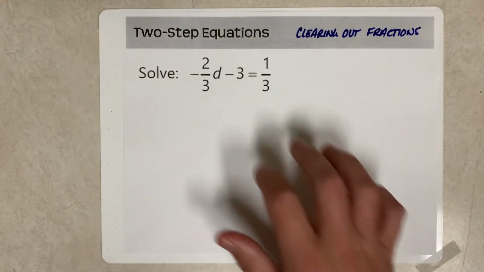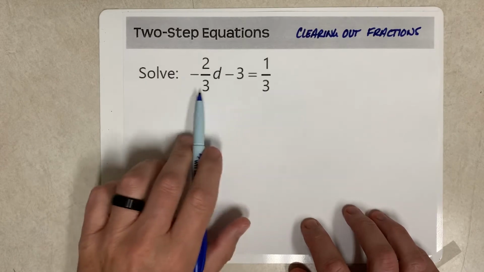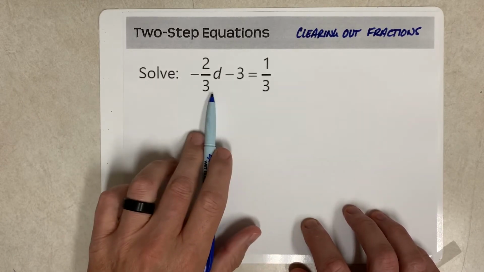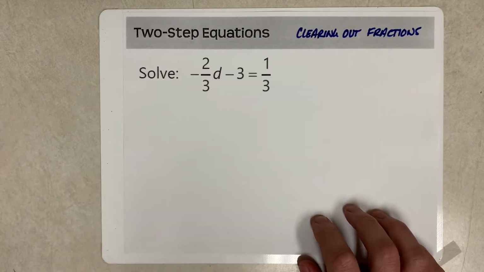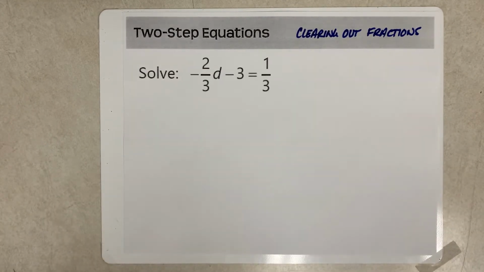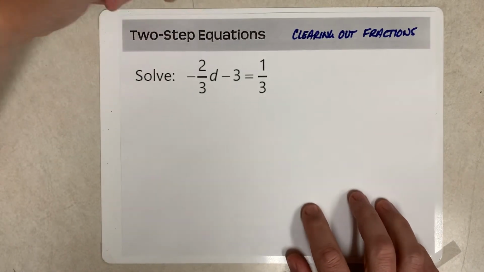And here's that method. It's really easy. You take your common denominator, which is nice, they're both 3, and you multiply everything up here by 3. If you multiply everything by 3, it's going to get rid of those denominators. So here we go. Watch this.